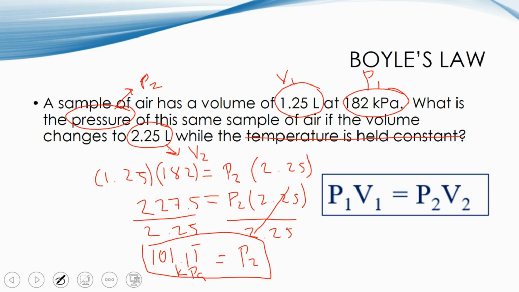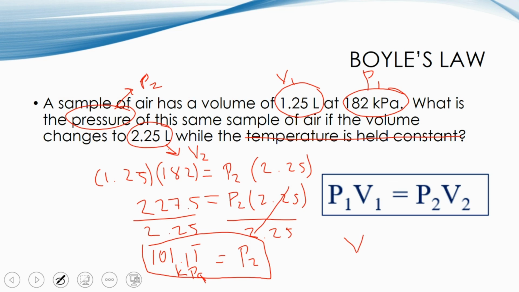With the pressures, again, you don't really have to change your units, but it is important that you keep them constant. Just make sure that they're the same for your initial and your final. So let's just look at this number that we just calculated and make sure that it works out. Again, Boyle's is inverse. So let's look at what happened to the volume. The volume went from 1.25 up.